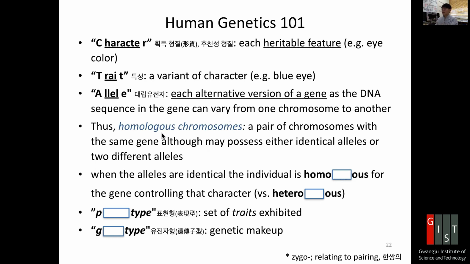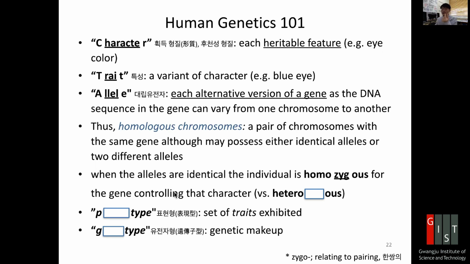So homologous chromosomes are a pair of chromosomes with the same genes, although they may possess either identical alleles or two different alleles. When these alleles are identical in an individual, we call it homozygous for the gene controlling that character.